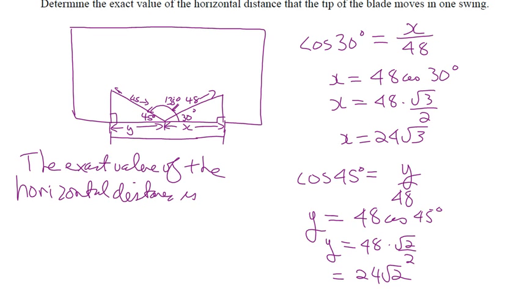Yeah, I would just go 24 root 3 plus 24 root 2. Units? Centimeters. Yeah. I wouldn't factor the 24 out, right? You could, I wouldn't mark it wrong, whereas 24 root 5, for sure I marked that wrong, right? But 24 bracket root 3 plus root 2, okay? 24 root 3 plus 24 root 2, sure.